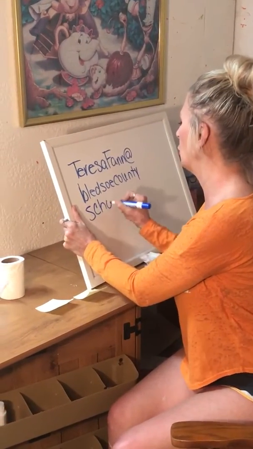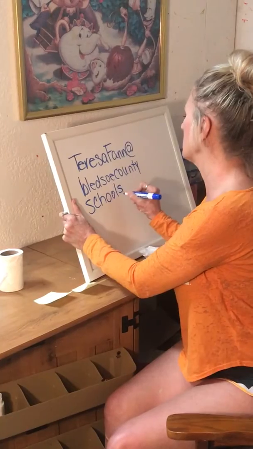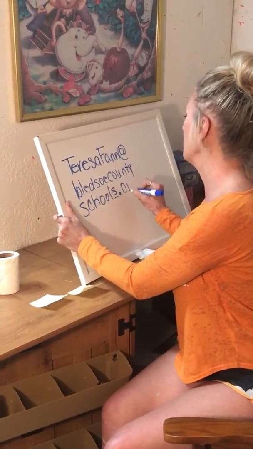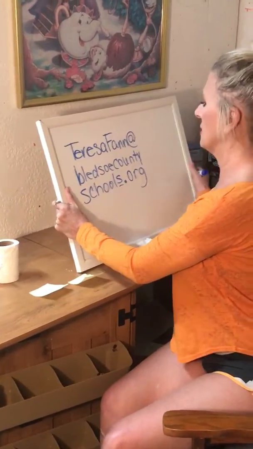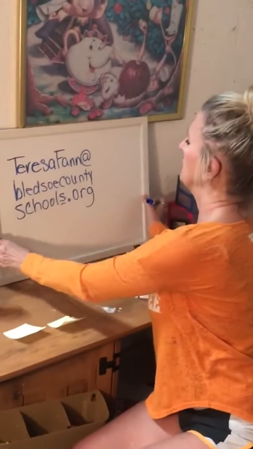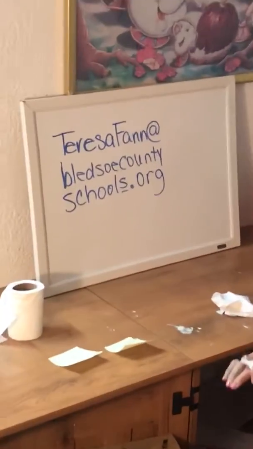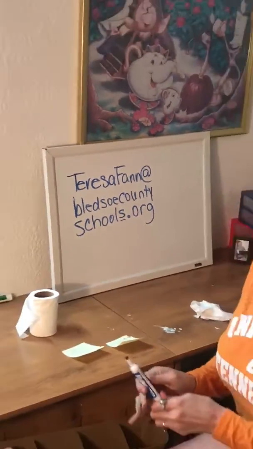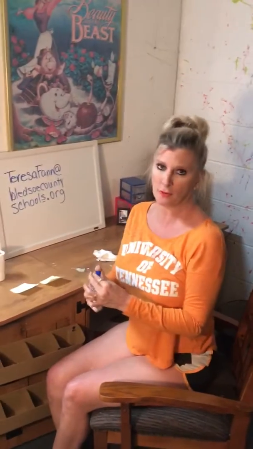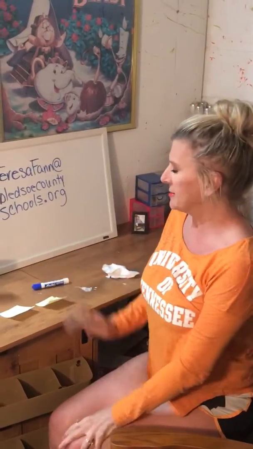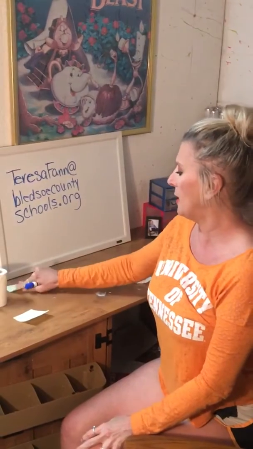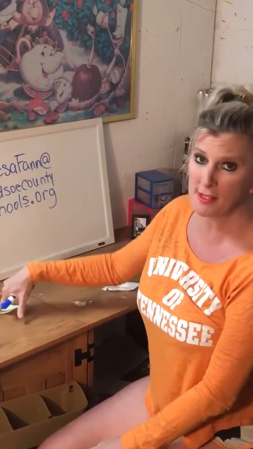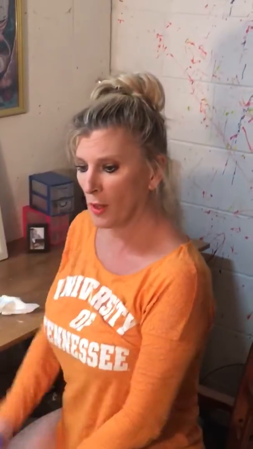Make sure you put an S on schools.org. Got it, friends? Teresa Fan at BledsoeCountySchools.org. Once you get your exit tickets, of course we don't have one today, you are going to take a picture of it and send it to me. But for now, that's it.